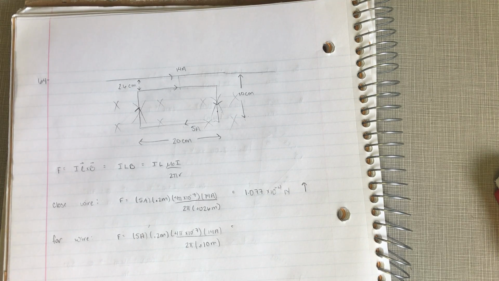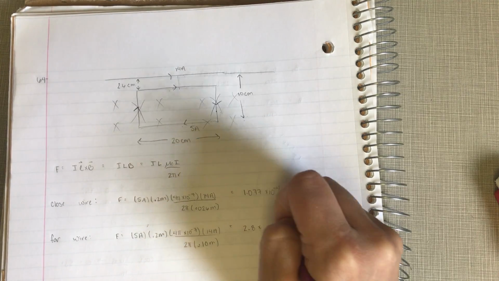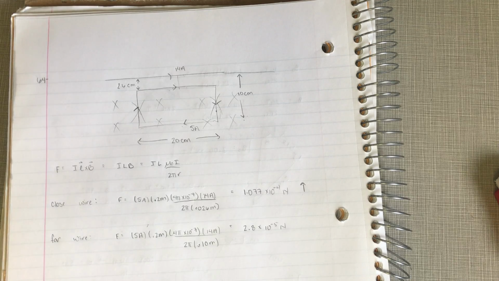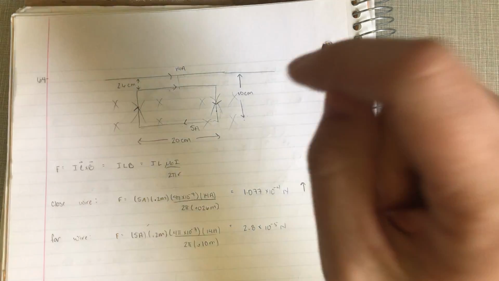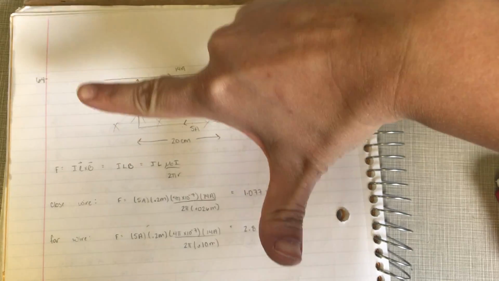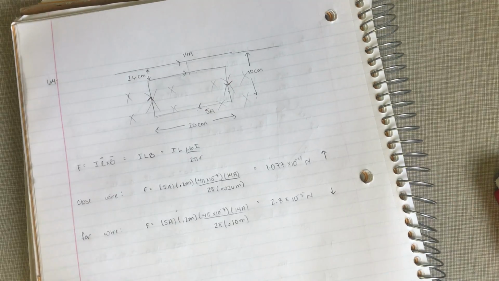Okay. So plugging that in, I get 2.8 times 10 to the minus 5 newtons. Okay, so this one, my IL is this way, my B is into the page, so my force is going to be going down.